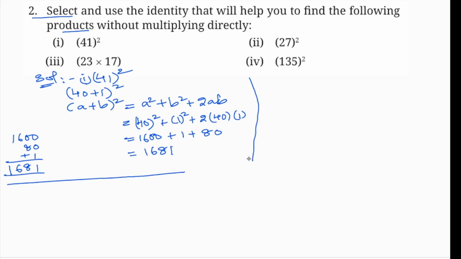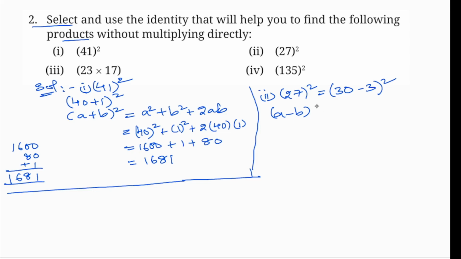Now let us solve the second bit. 27 whole square. For this also we can write (30 minus 3) whole square. It is in the form (a minus b) whole square, which is a square minus 2ab plus b square.